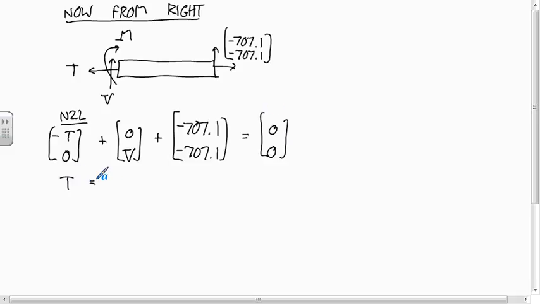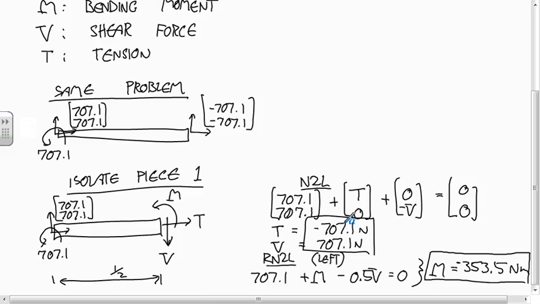So T is equal to positive 707, and V is equal to positive 707. So those match with what we got going the other direction.